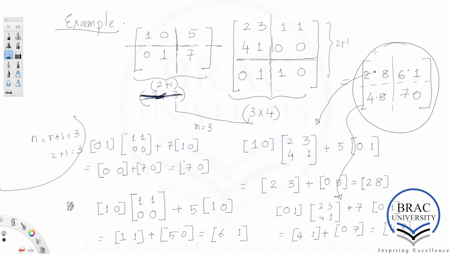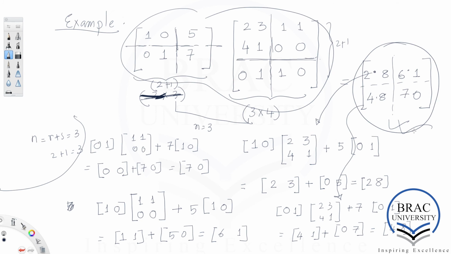So by usual matrix multiplication, you should be able to find this matrix as well. Okay, so this way we have an example of block multiplication for the case of 4 blocks. Now there is a question.